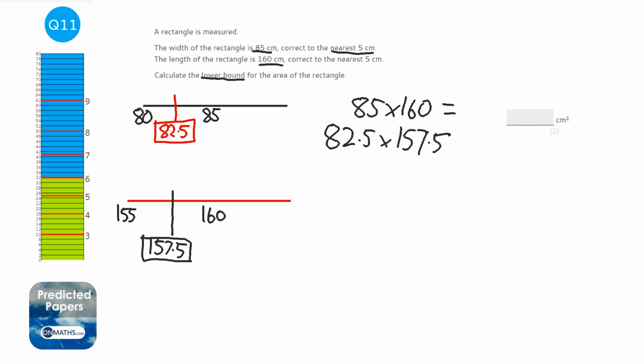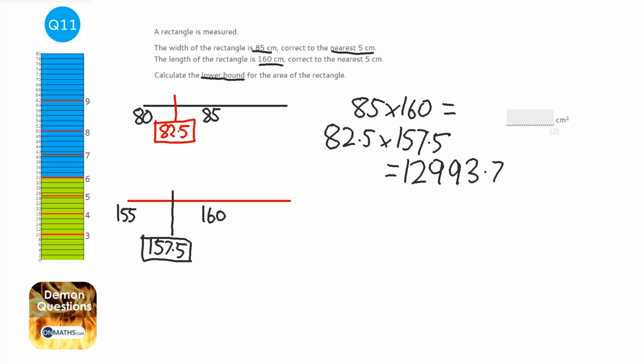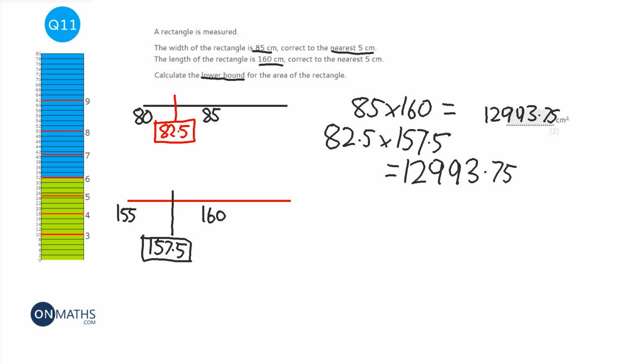So if I get my calculator out, 82.5 times 157.5, and that gives me 12,993.75. And it doesn't ask me to round it, so I'm just going to write down the exact number. Now be careful, with areas we're timesing them, so we want them both to be small, but if you were to divide them, sometimes you actually want the upper bound of one of the values, but for area you want them both to be as small as possible to give us the lower bound for the area.